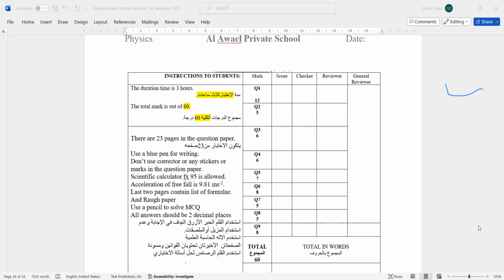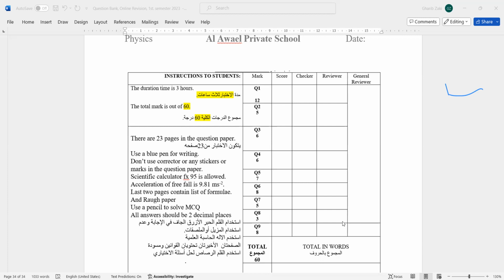And I repeat more than one time, do not memorize the answer of MCQ, because I completely changed them. So please try to think of each question in MCQ. In the extended, do not memorize the final answer of any question, because I changed the numbers.